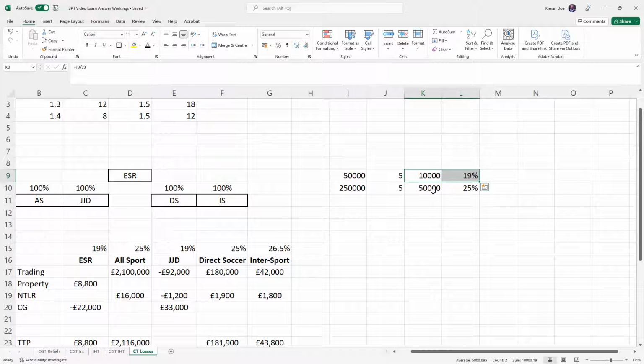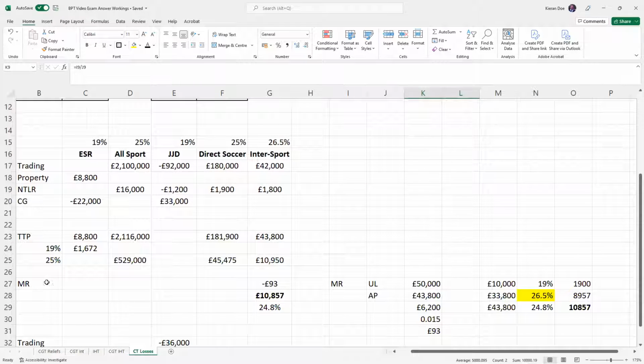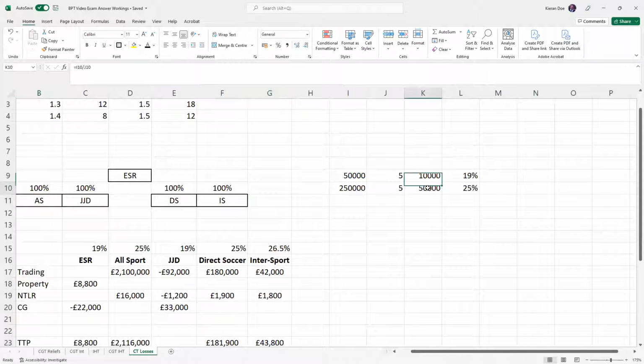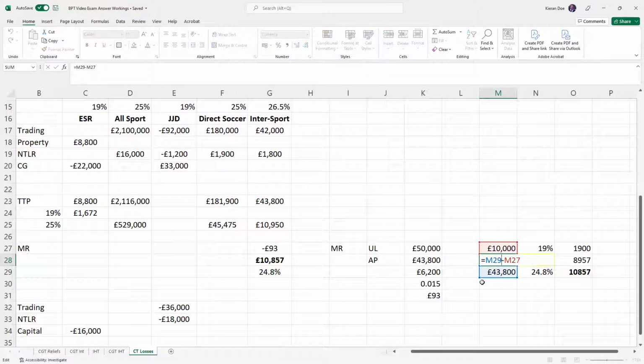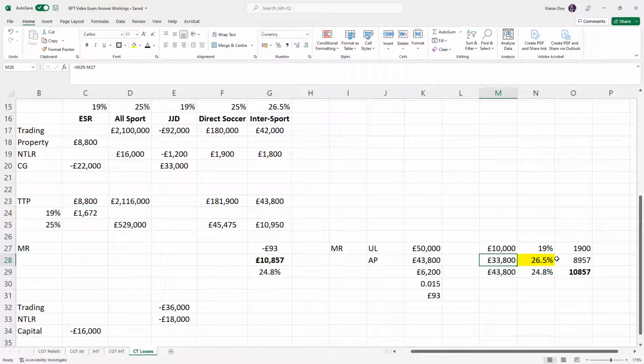When you've got marginal relief companies, then the profits which are falling into that marginal amount, so between the 10k and the 50k, i.e. in this case, the 33.8k, those profits are effectively being taxed at 26.5%. And therefore we want to target those profits with losses, because that will save tax at the highest rate.